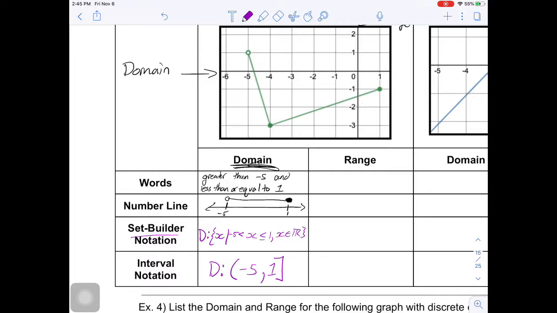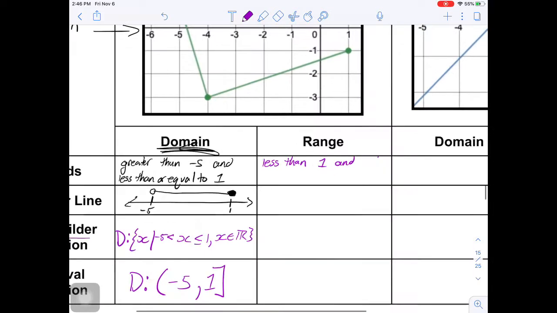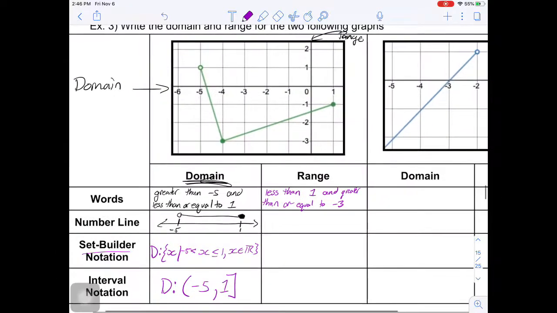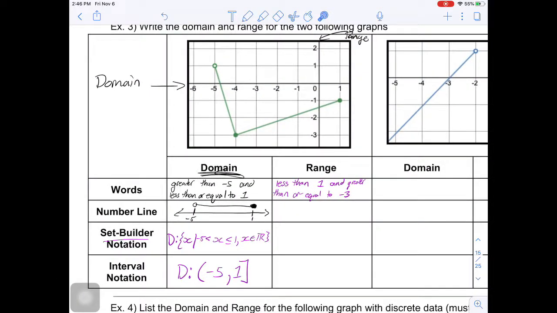So here, I have to be less than 1 and greater than or equal to -3. So we can see that here.